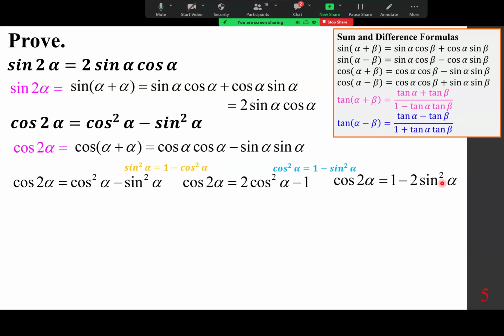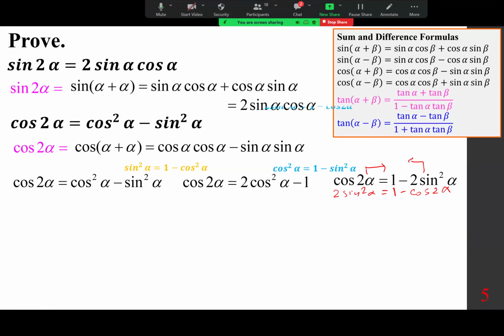Now, if I want to solve for sine squared here, what happens? I can take it to this side. I want to just quickly show you how fast you can solve for sine squared now. So if I move this to this side, I get 2 sine squared. I move this one to this side, I get 1 minus cosine 2 alpha.